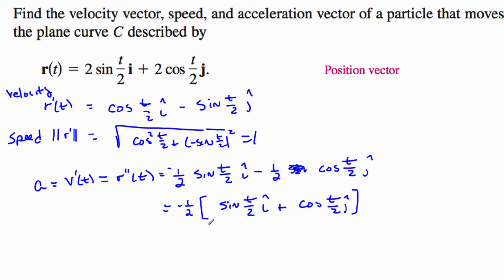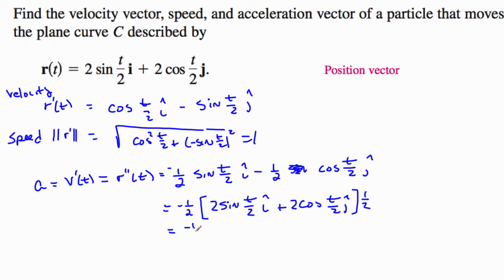Now watch this. You're going to do this in physics. When you take physics, you're going to do periodic functions, and this is a trick you're going to need there. r is 2 sine t over 2 in the i direction plus 2 cosine t over 2 in the j direction. So what if I multiply both of these by 2 and multiply the whole thing on the outside by 2? So I'm doing my algebra correctly here.